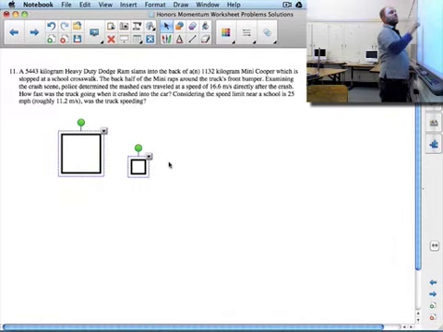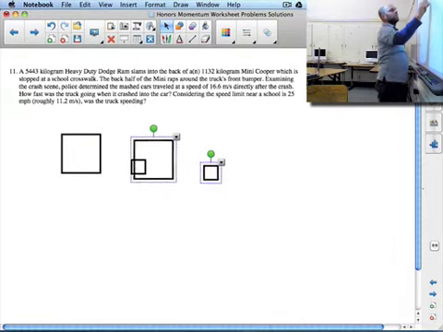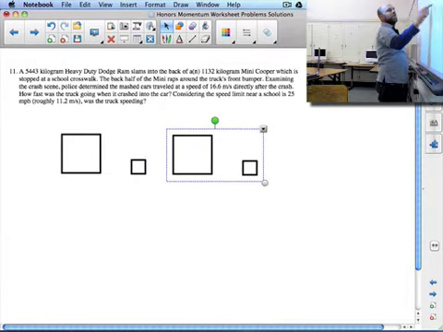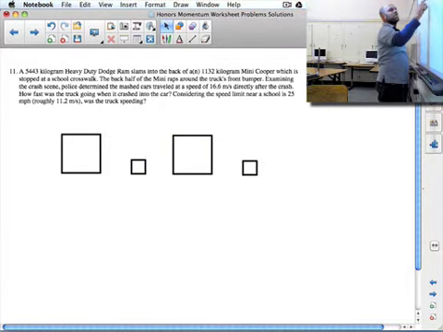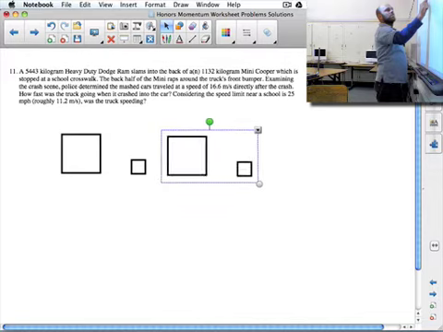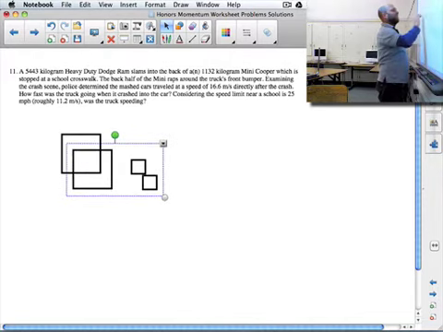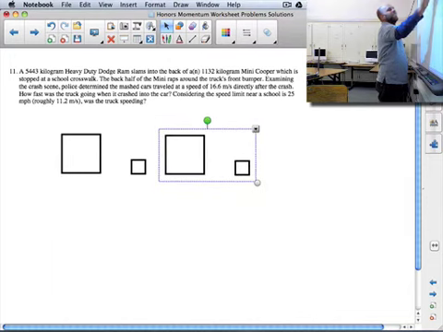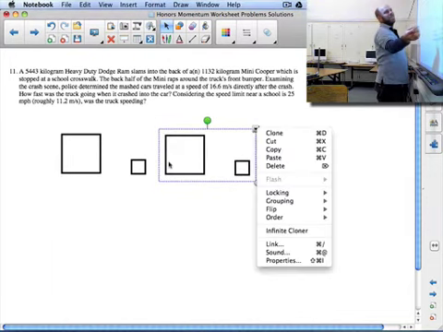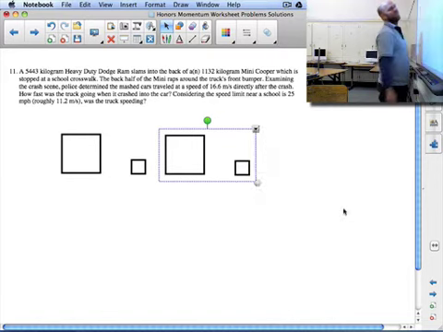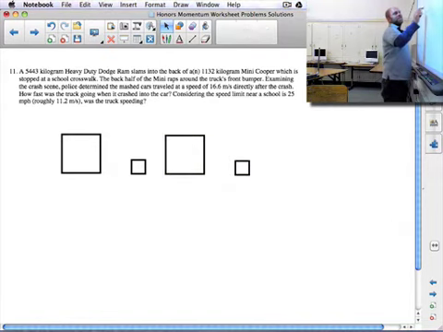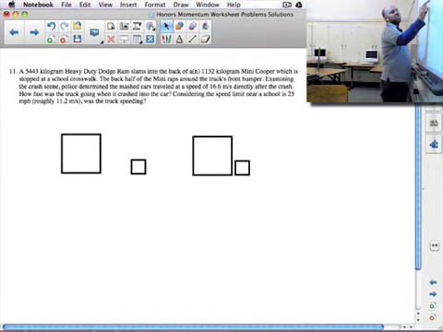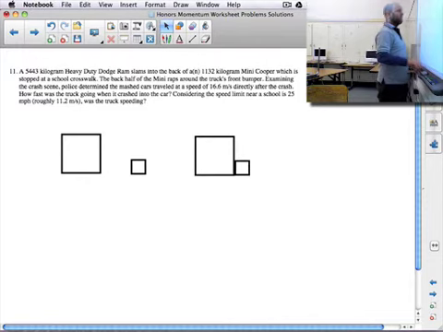And I'll clone those and draw the same shapes. I wanted to ungroup them. We'll just do it the old school way. Ungroup. All right. And now they stick together after the collision. So it looks something like that.